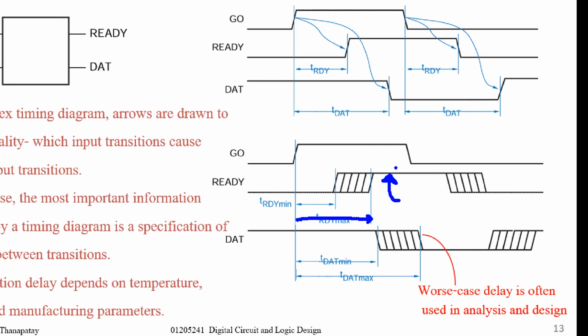So you can be sure that at this point of time, after the maximum propagation delay, the ready signal is 1. But at this point it is not sure, it may be low and then become 1 here. The fastest change is at this point of time, the minimum, and the slowest, the maximum propagation delay, is at this point. So normally we use the worst case delay to analyze and design.